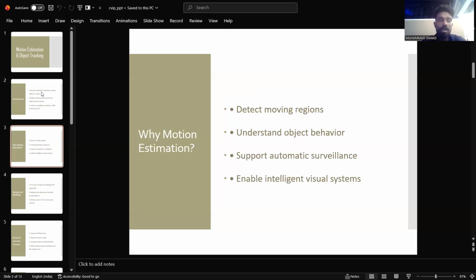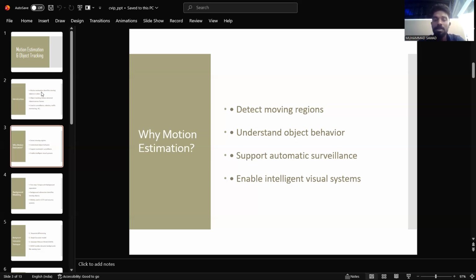So, in the next slide, we are going to say why motion estimation is used. Motion estimation is essential because it allows us to detect moving regions automatically. By understanding the motion, we can analyze object behavior such as the speed and direction of movement, or unusual activities.